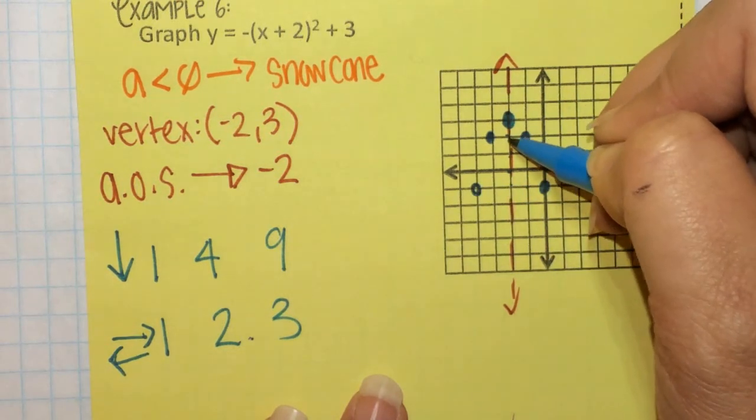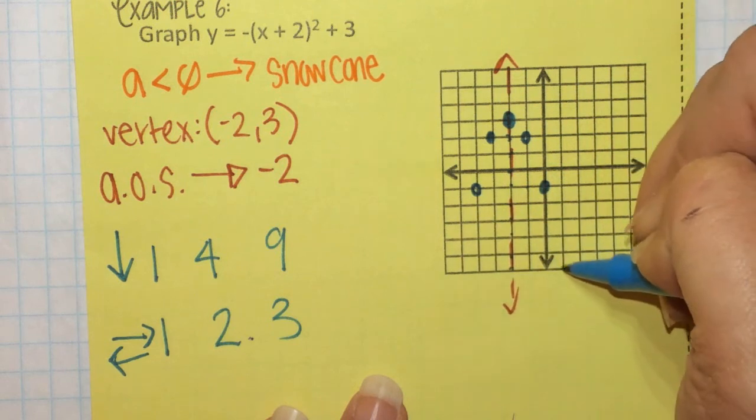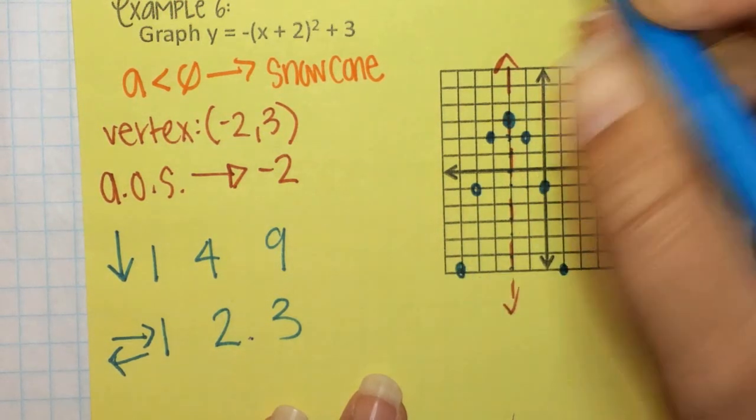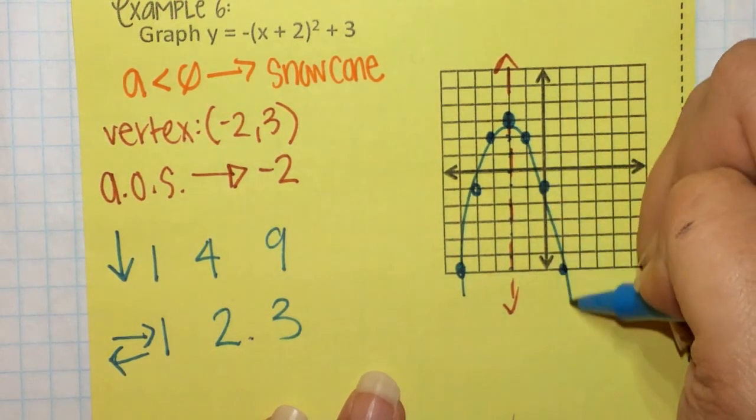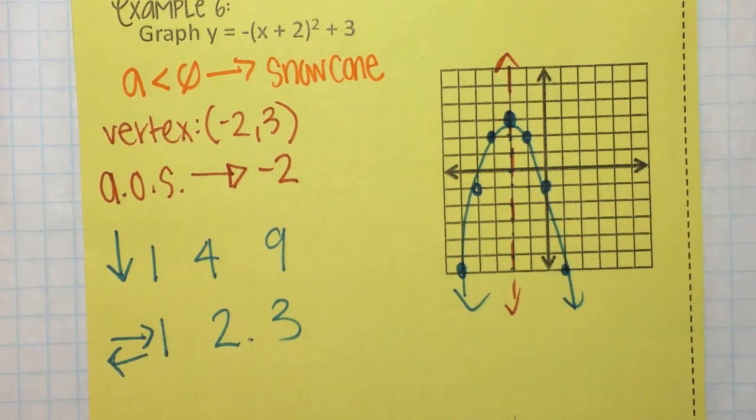And then down 9, right 3, left 3. Ta-da! Basically, if you find what A is, snow cone, taco, it's easier to find.